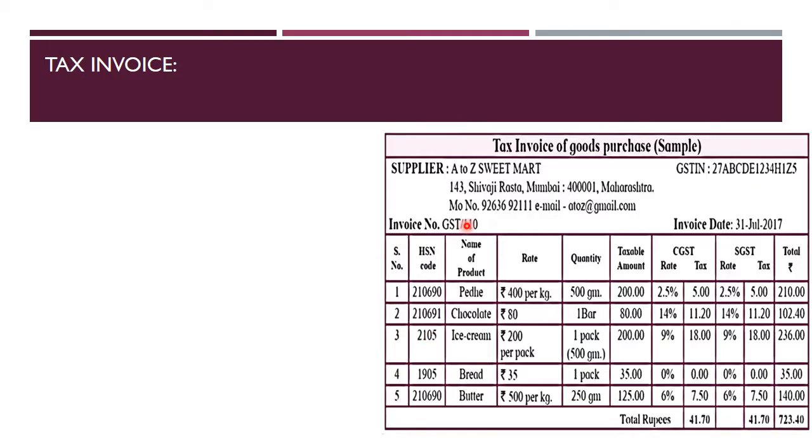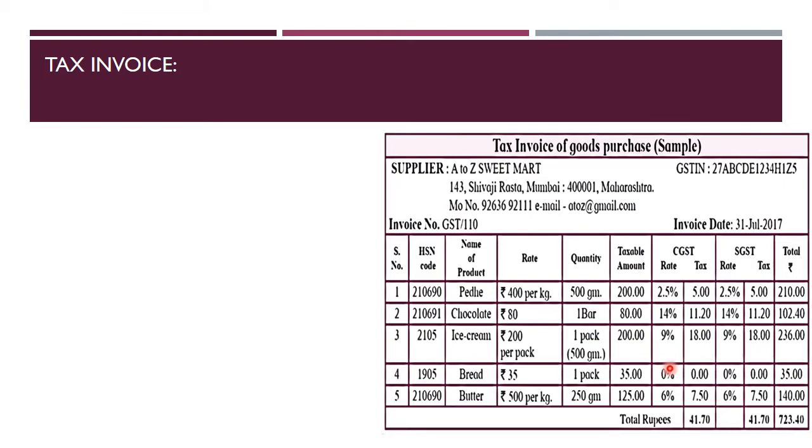Okay, so this is a sample of a tax invoice which is already given in your textbook. Looking at it, we will understand a few terms which are there in a tax invoice. A tax invoice is something like a bill which you get when you purchase a good or a service.